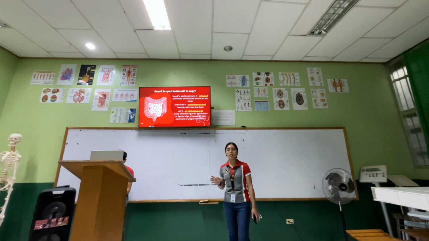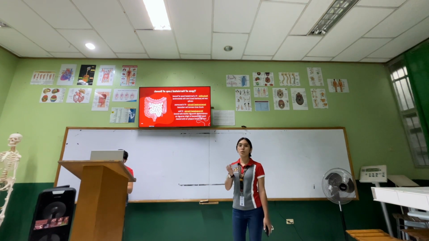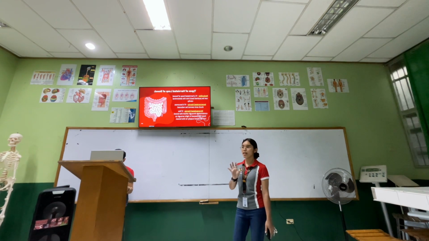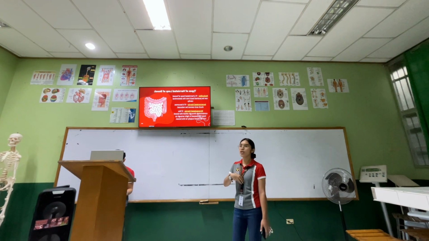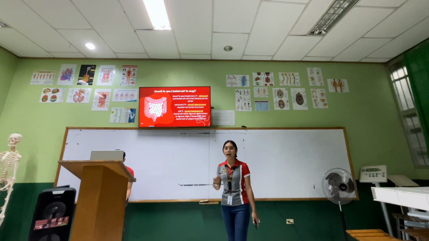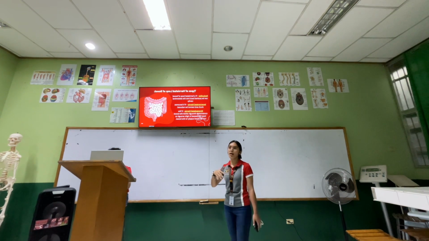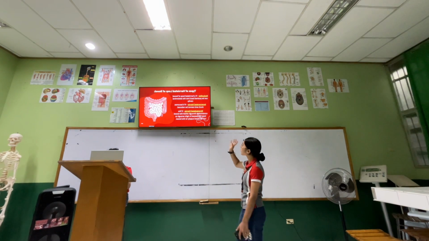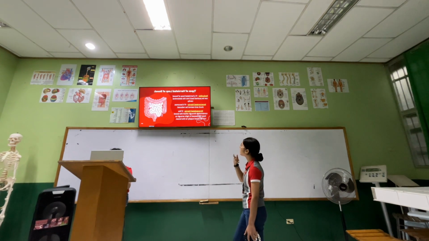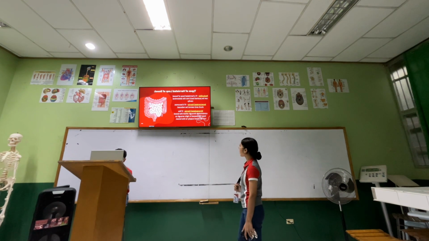So an incarcerated hernia is when the loop has stayed in that position for a long time, or has been herniated for a long time, which means it is difficult to return to its normal position, and you will need surgery, but the blood can still pass through this obstruction. Next is the strangulated hernia. If the constriction through which the bowel loop has passed is tight enough to cut off blood supply to the bowel.